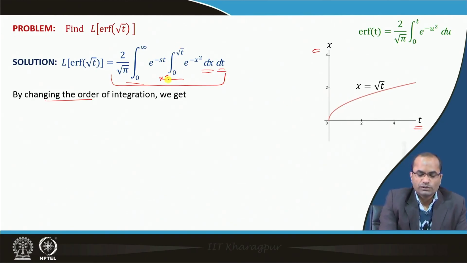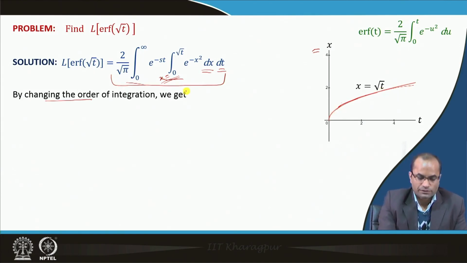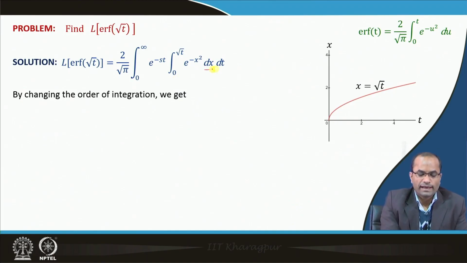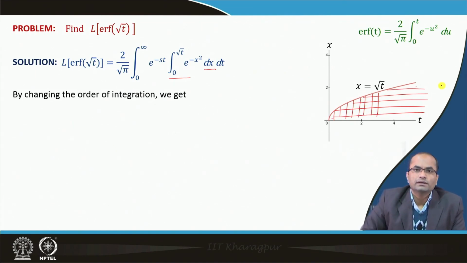So, x is equal to 0 means y axis and then we have x is equal to square root t, which is this line here. And now, we want to see this range, x is varying from 0 to square root t, this graph, and then for t it is going from 0 to infinity. So, this is going to be our region of integration and we want to change it. So, keep the same region, but we have to now change the order.